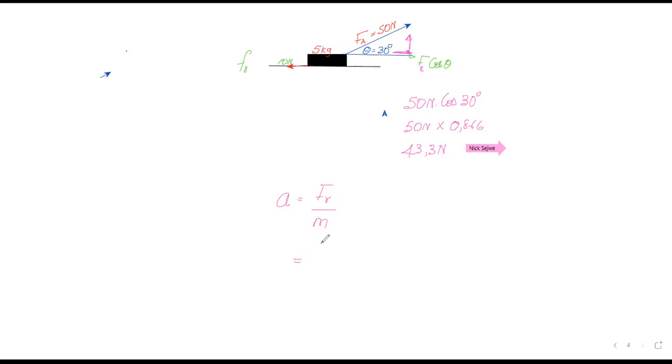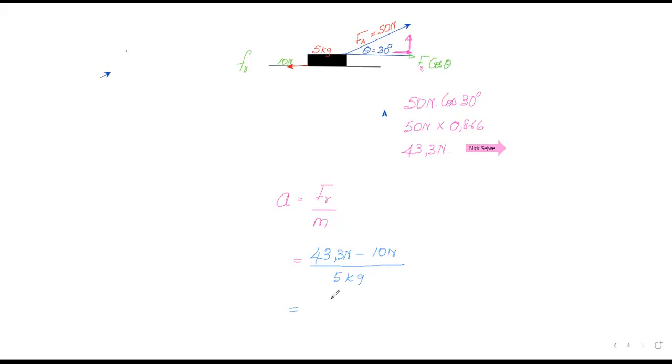For resultant force, we'll have 43.3 Newton minus 10 Newton due to friction, divided by the mass of the object.